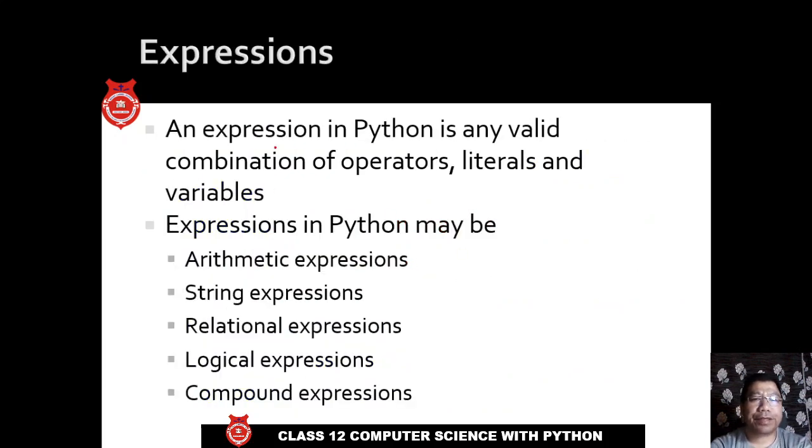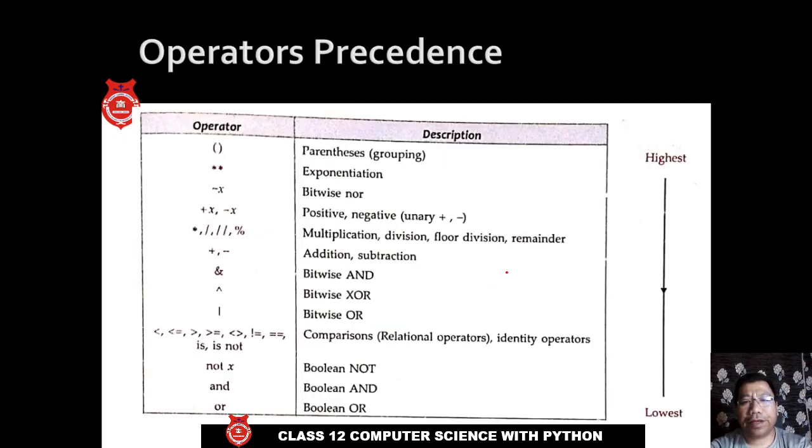Now let's talk about expressions. An expression in Python is any valid combination of operators, literals, and variables. Expressions may be arithmetic expressions, string expressions, relational expressions, logical and compound expressions. The different operators in any expression are evaluated based on precedence or priority.